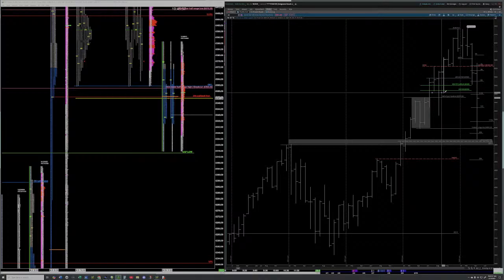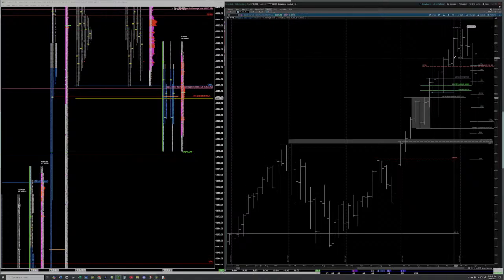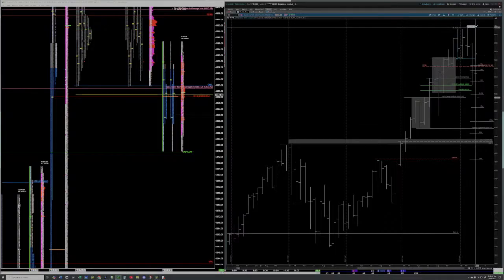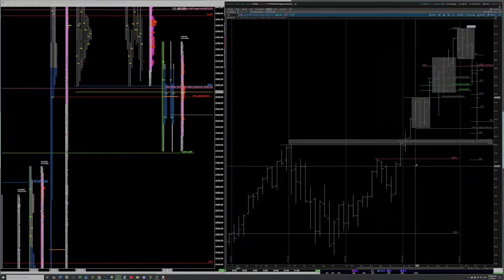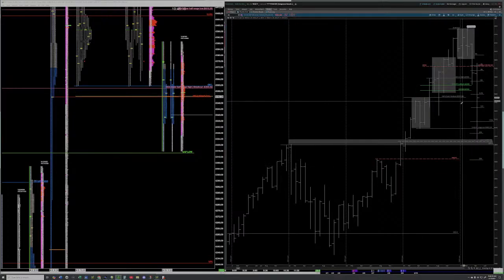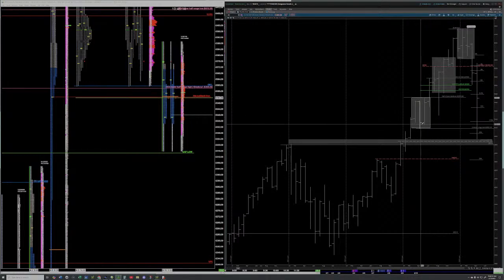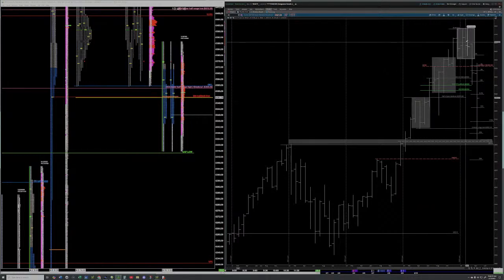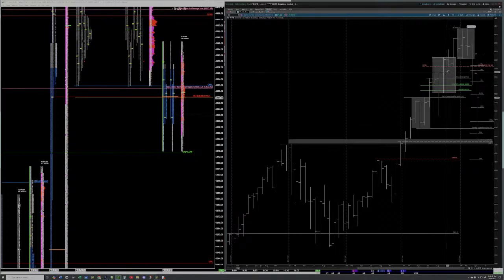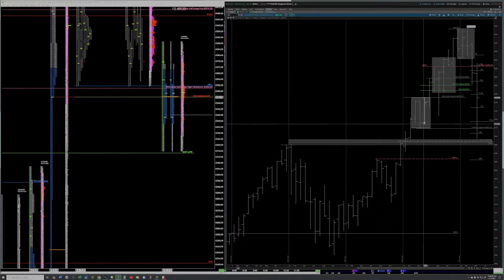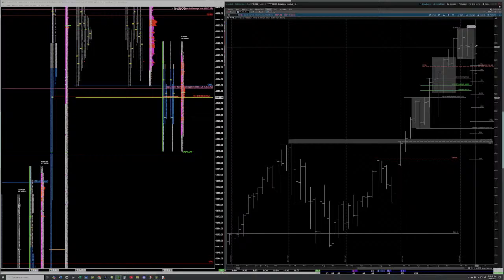I'm talking about the weekly now. You have this range here, another range here, another one here. I'm highlighting these so you can see. And notice how this market uses this again. It used it when it was breaking and is using it now again when it's going higher, right?